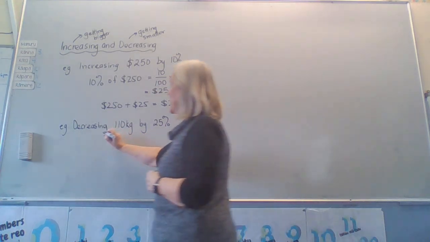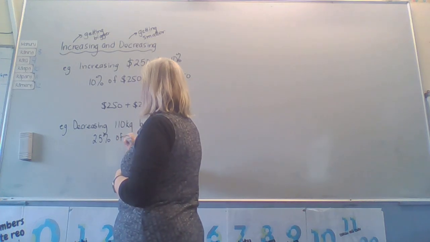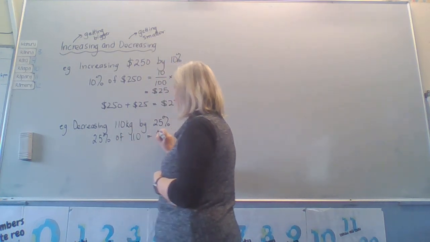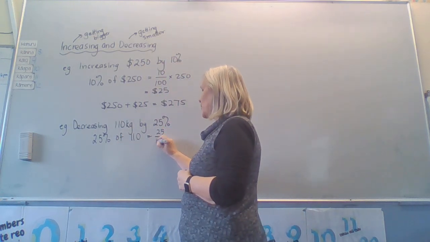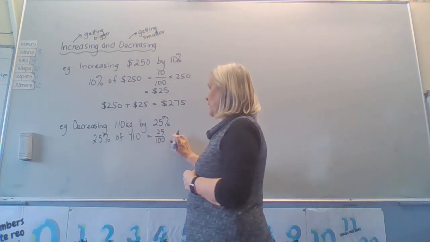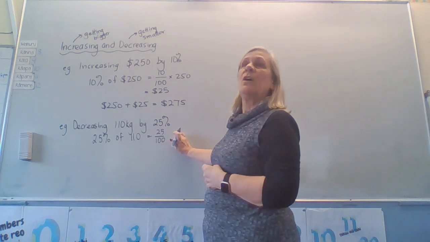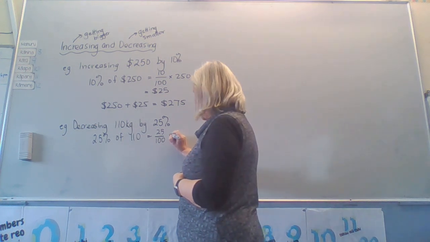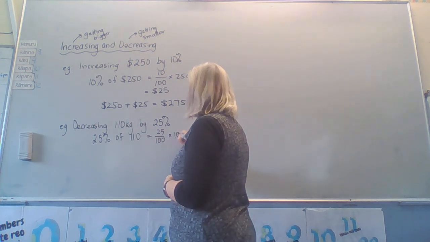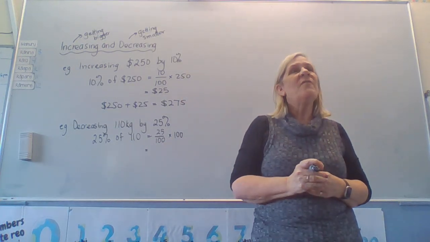So we need to find that 25% of 110 equals 25 over 100. What's that? Cooper? 25%. What is it though? Oh, it's a fraction. Kelly, a quarter. Right. It's a quarter.